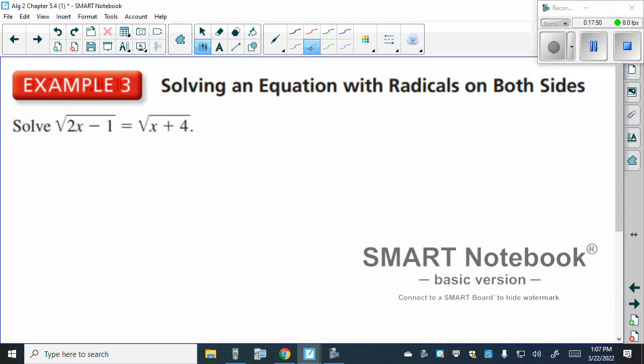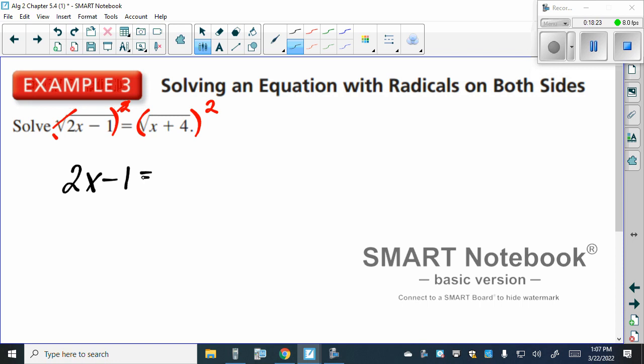Now up to this point, our next step would have been to put both sides to the nth power. So here, we're going to put both sides to what? Second power, because they're still square roots. Let's see what happens if I put both sides to the second power. The one on the left, the radical and the square cancel, leaving me with 2x minus 1.